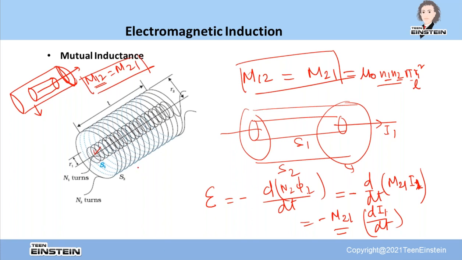Here, for simplicity, we have taken L1 and L2 the same, but in this case L1 and L2 differ, where L2 is greater than L1. In that case also M12 is equal to M21. Don't worry about it. You can use M12 equal to M21 and calculate the induced EMF.